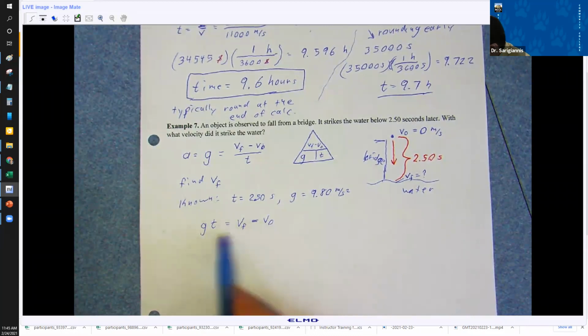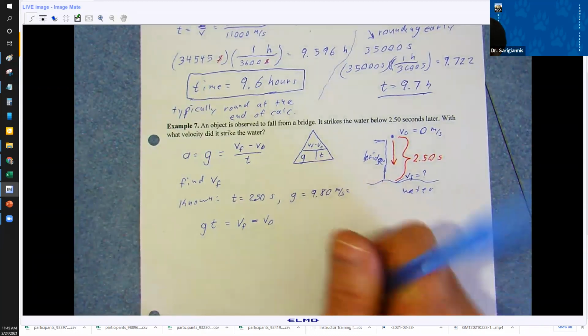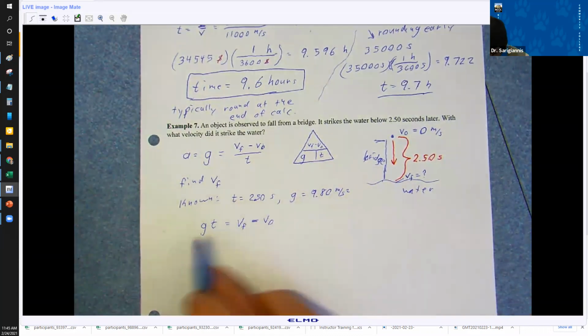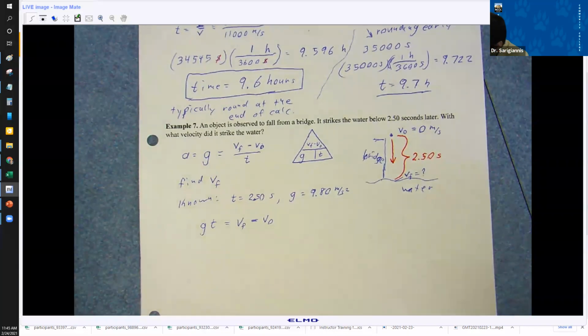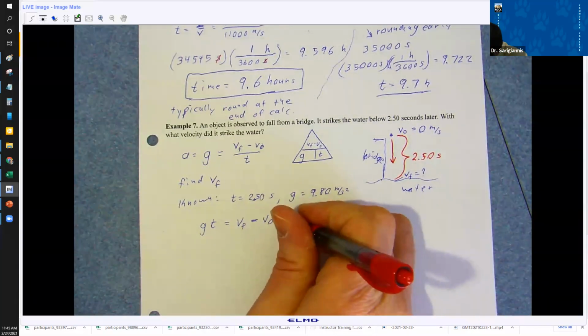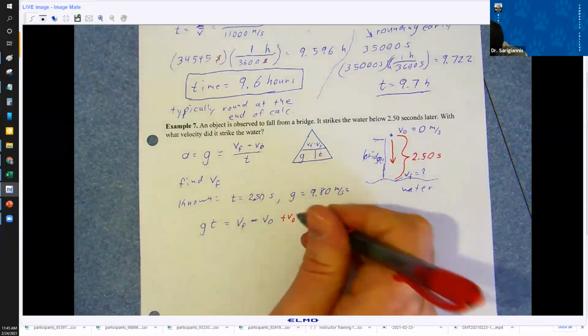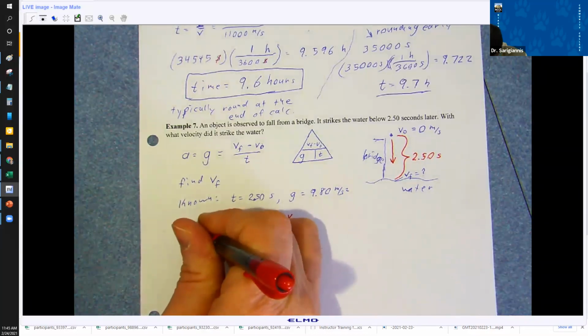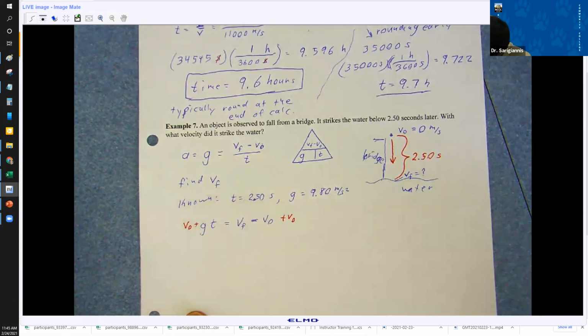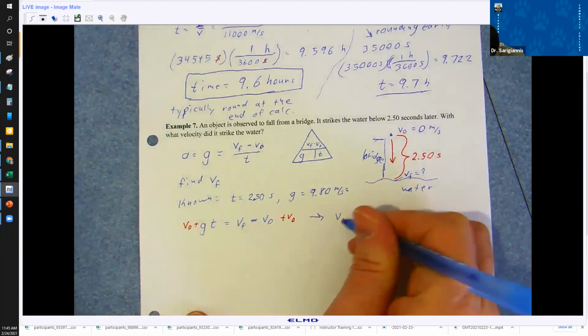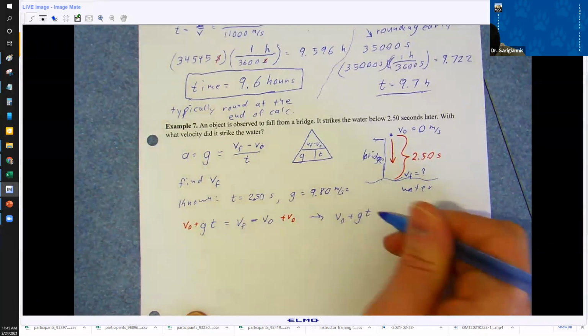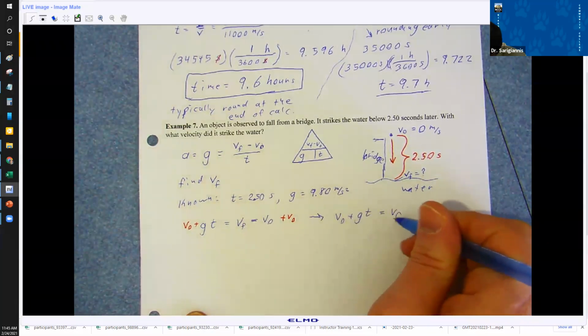But if I wanted to solve for VF, I would just add V naught to both sides, right? Because this is an equation. The way algebra works is if you do something to one side of an equation, you have to do it to the other. So if I add V naught over here, I'm going to wind up with V naught plus g t equals VF, right?